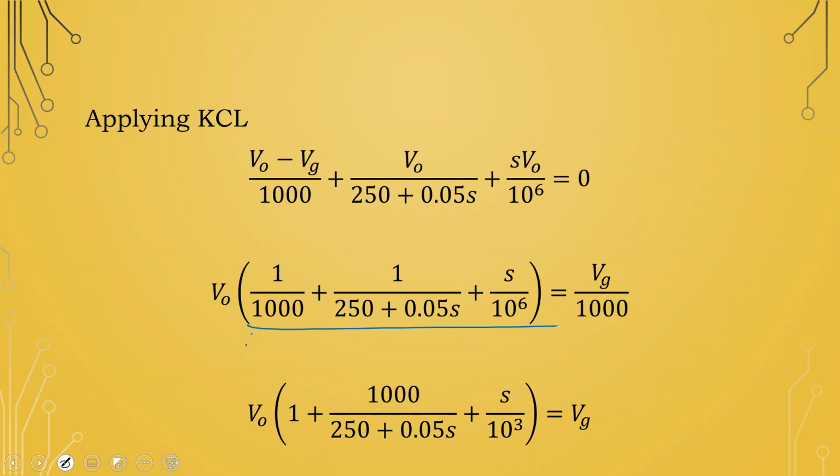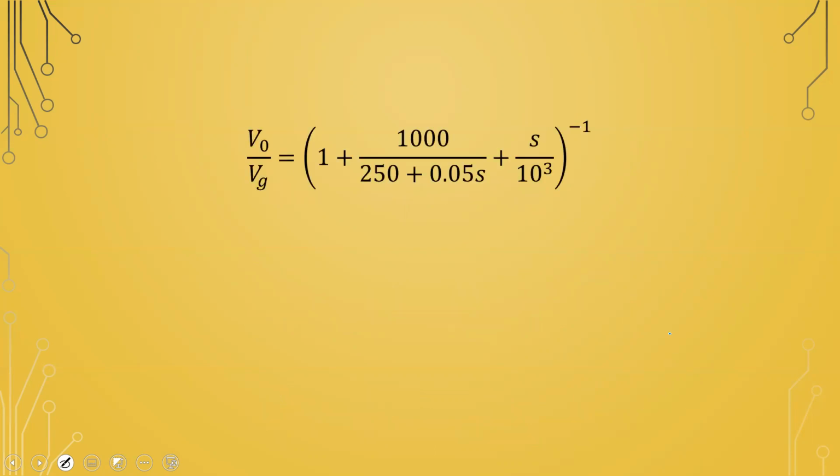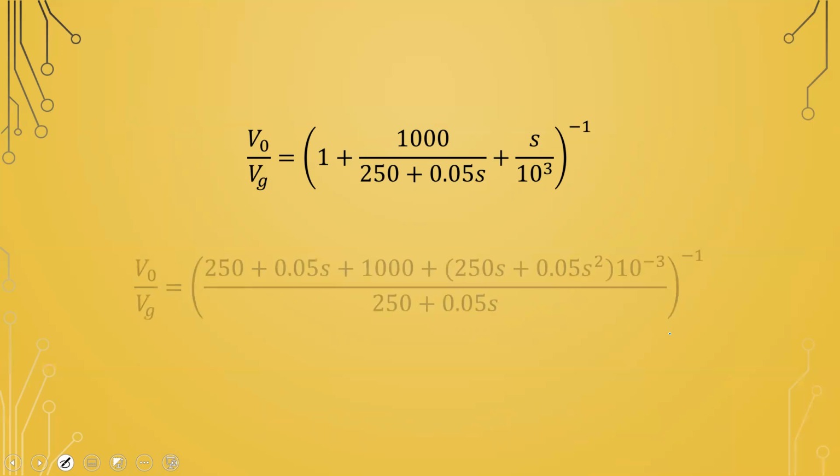Can I move on now? All right, sir. Okay. So V0 over VG is 1 plus what we have in the bracket there, all to the minus 1. So I'm simply going to simplify my denominator and then invert.